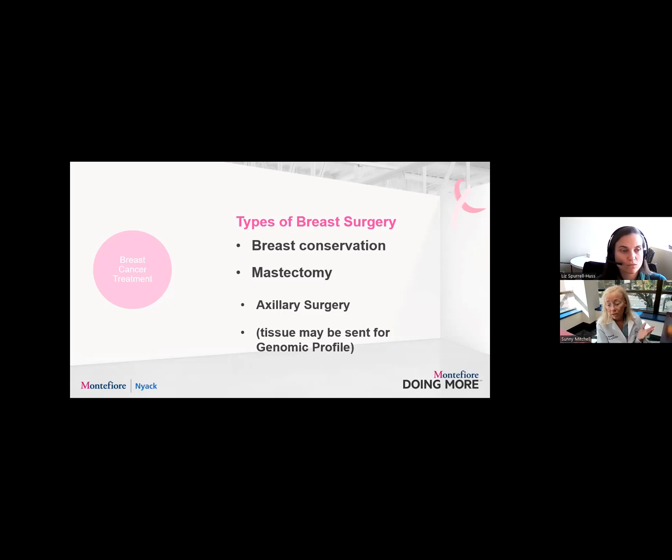We've known for years and years that they were equivalent, and now we have data that shows that lumpectomy or breast conservation is superior. So what does this mean for breast surgeons?